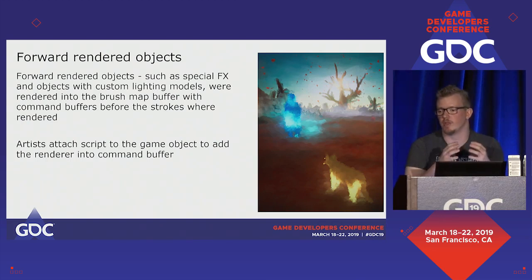The way that we would do this is that the artist would add a script to the object and instruct what materials should be rendered that way. The effect would then generate a separate command buffer that would run after the deferred pass was done, and that way we would get that information into the brush buffer.